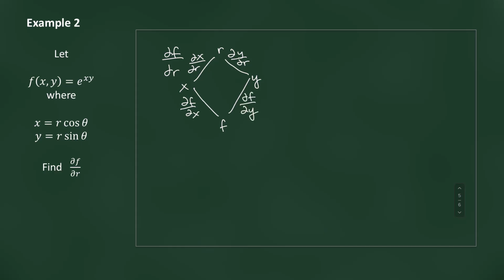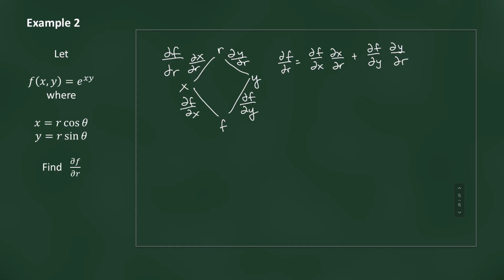So notice as you move down the diagram that the lower term of the path that you're on is in the numerator, and the upper term on the path that you're on falls into your denominator. All right, so we see that the partial of f with respect to r, multiplying along paths, we're going to get the partial of f with respect to x times the partial of x with respect to r, plus the partial of f with respect to y times the partial of y with respect to r.